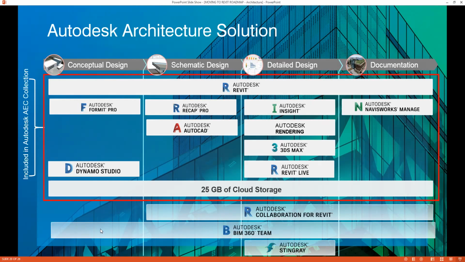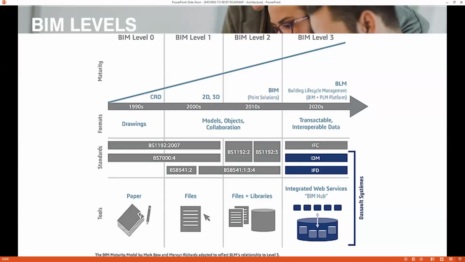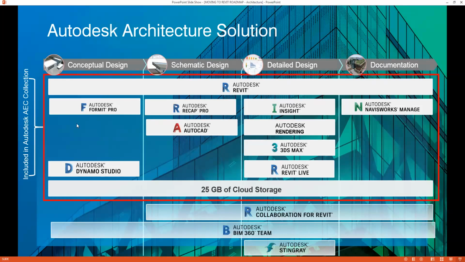So imagine that you've explained to them what these different stages are. Okay, this is BIM level 2, this is BIM level 3. You now come here and you say, this AEC collection that you have bought would help you to move to BIM level 2.